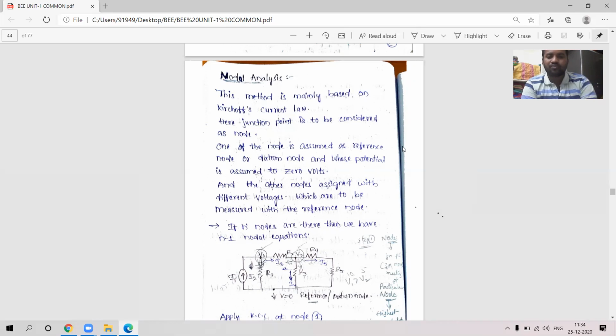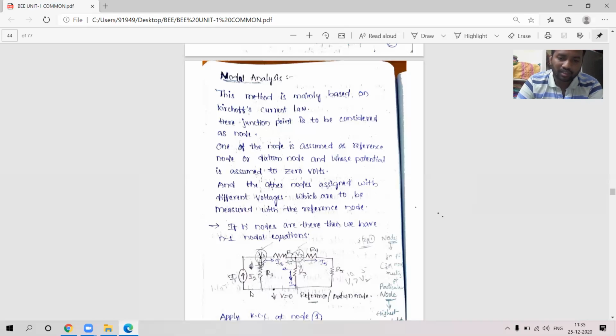And in the circuit, one junction point is here. Let us see this circuit: V1, this is a junction point, and this is also a junction point. V1 and V2 are the names given, and down below all are connected to one common point, the zero potential.